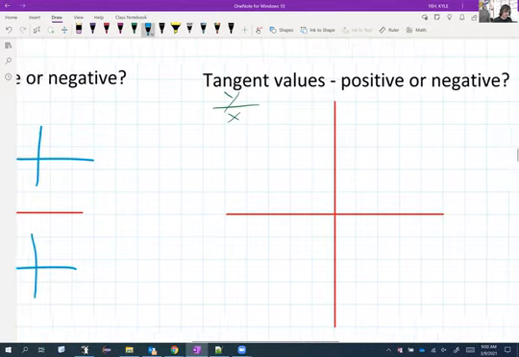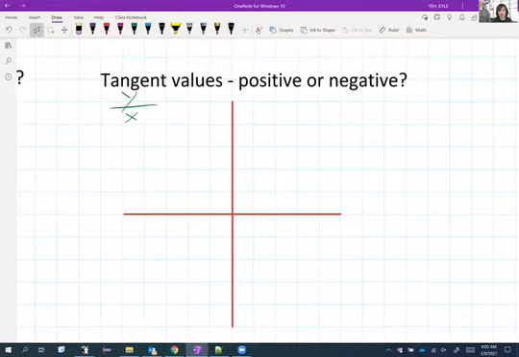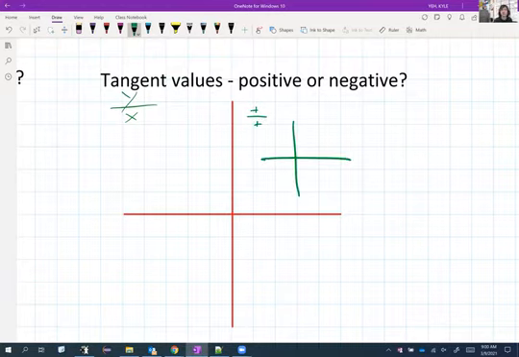What about tangent? Now we don't have an r we can count on being positive all the time. We have y's and x's which kind of change sometimes. So let's analyze them one by one. Quadrant 1. I'm going up in the y direction, that's positive. I'm going right in the x, so any tan value in quadrant 1 should be positive. Quadrant 2, I'm going up, but I'm going left, and a positive divided by a negative is a negative.